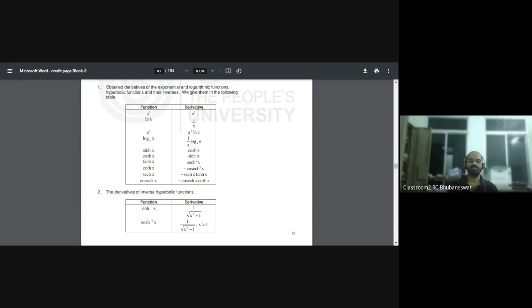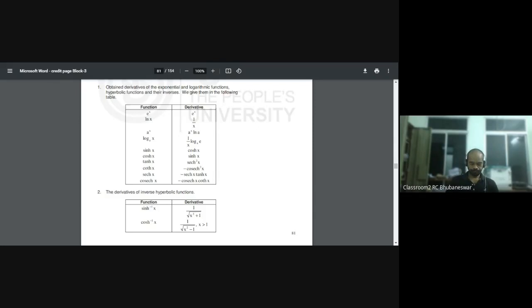The first function is an exponential function that is represented in the form of e to the power x. As we know, an exponential function can be represented in the form of a to the power x, where a is any real number. But generally, exponential functions always indicate e to the power x, and as we know, e, small e, is an irrational number whose value lies between 2 and 3.